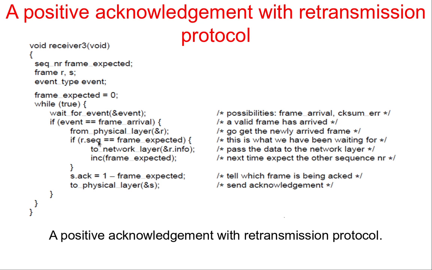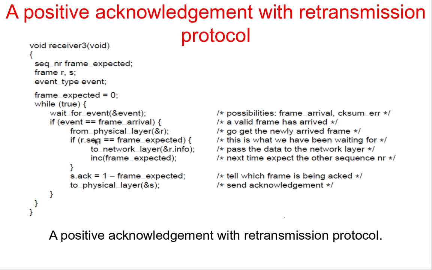And that's how, if the received frame sequence number is equal to the frame_expected, then only send that payload part of that frame to the network layer as the packet and increment frame_expected.